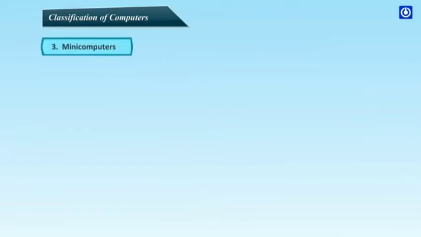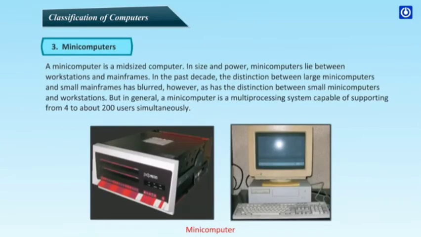Third, mini-computers. A mini-computer is a mid-sized computer. In size and power, mini-computers lie between workstations and mainframes. In the past decade, the distinction between large mini-computers and small mainframes has blurred, as has the distinction between small mini-computers and workstations.